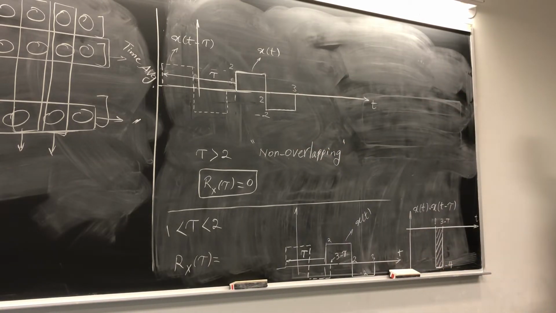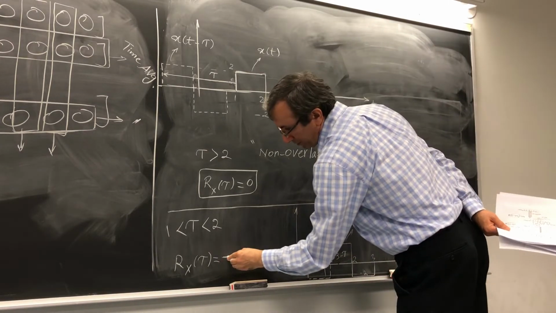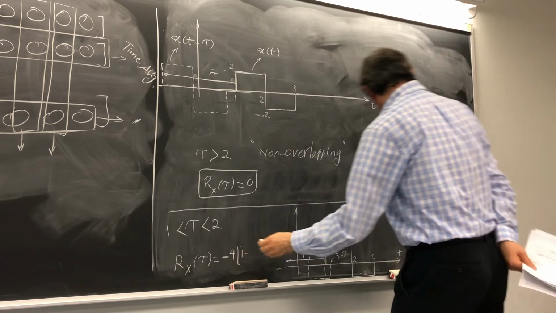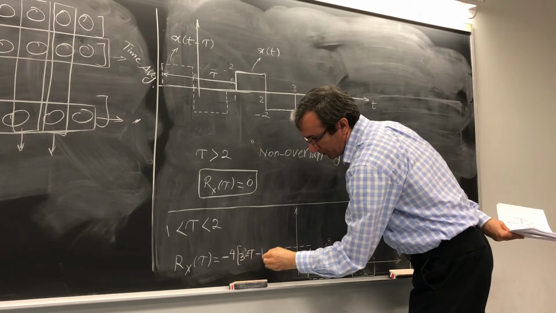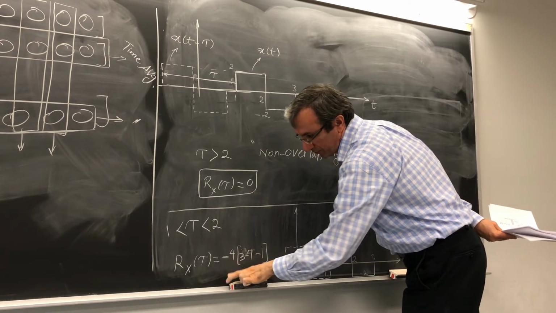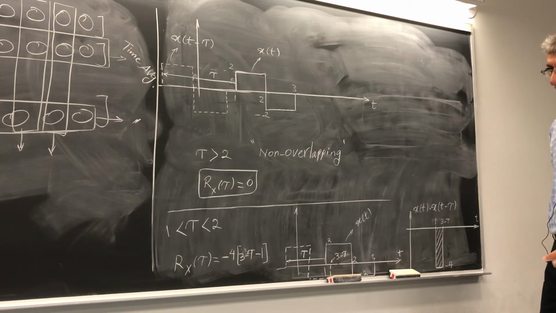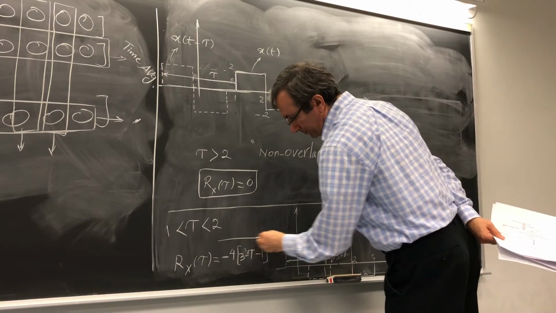Without bothering with doing the math for the integral, the area of this would be minus 4 times 1 times 3 minus tau minus 1. So 2 minus tau times minus 4.